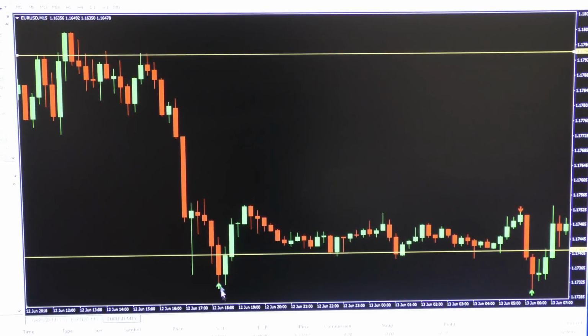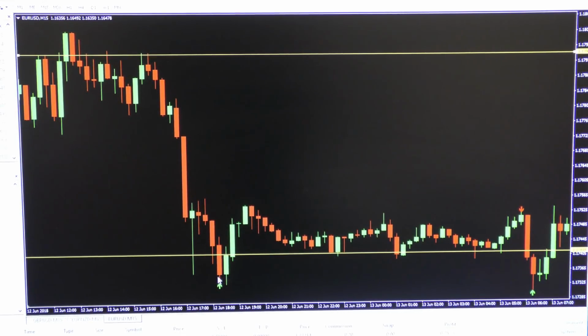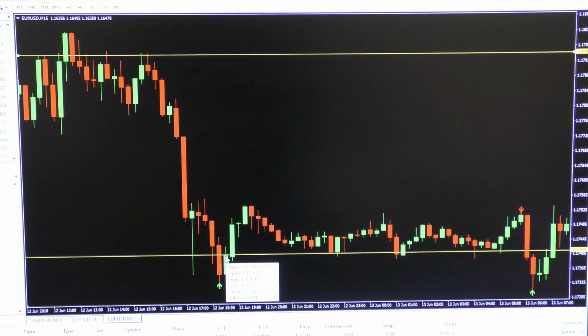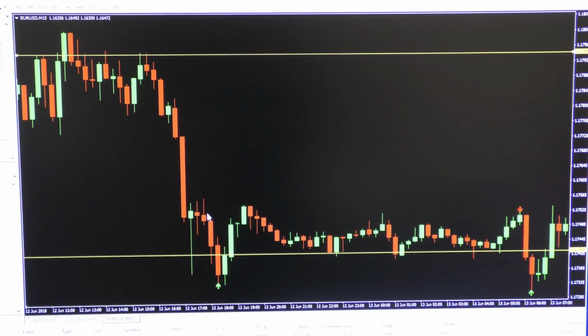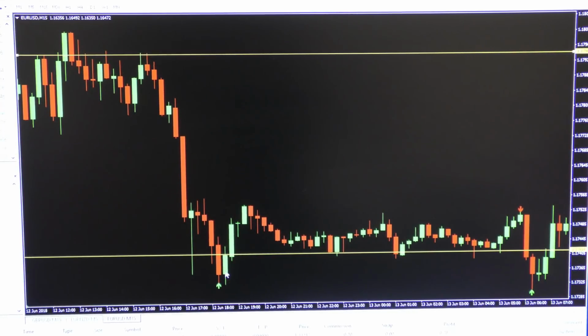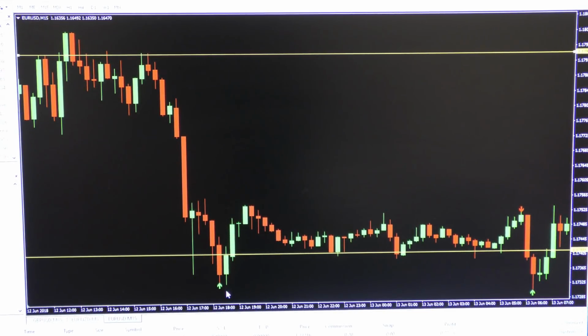Now you got a signal to buy, right? So we wait until we get the next candle which closes in green. Now what happens about these arrows? If this candle opens and continues going down, the arrow will follow it and be below the next candle, which is the red one.